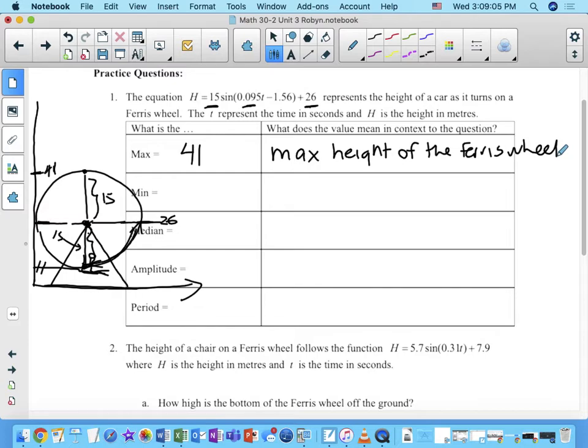The minimum is at 11. That's going to be the min height of the Ferris wheel. Okay. The median. Median is at 26.